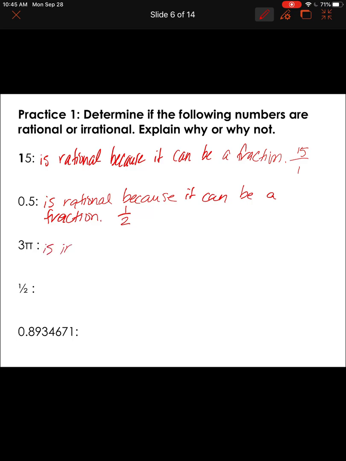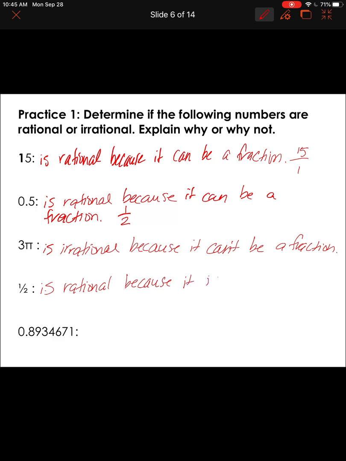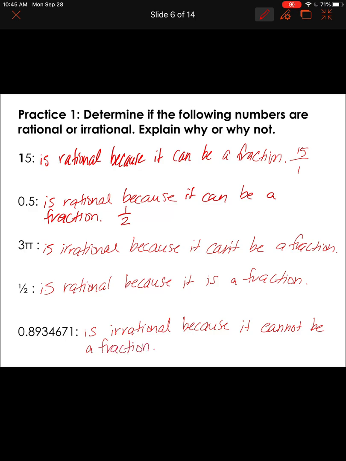3 times pi is irrational because it can't be a fraction. 1/2 is rational because it is a fraction. 0.893467 is irrational because it cannot be a fraction.